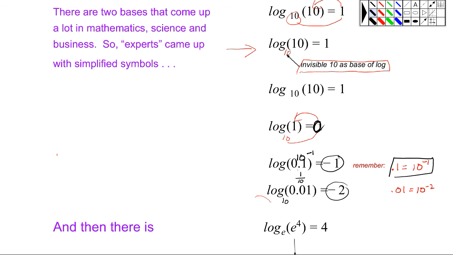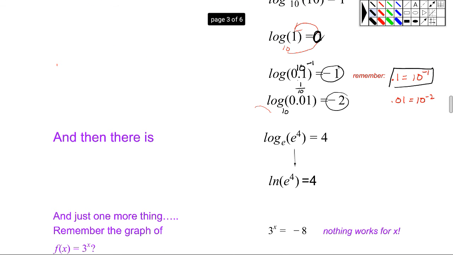The other number that's used a lot as a base is the one we've been using, the base e. Okay, so log base e of e to the 4th would, of course, be 4, because e raised to the power of 4 will give you e to the 4. Well, these two equations are the same thing.